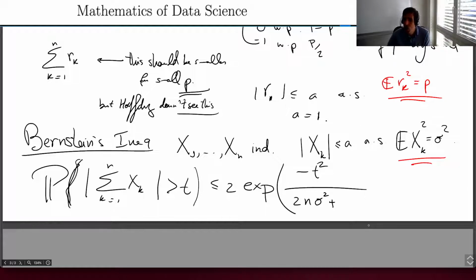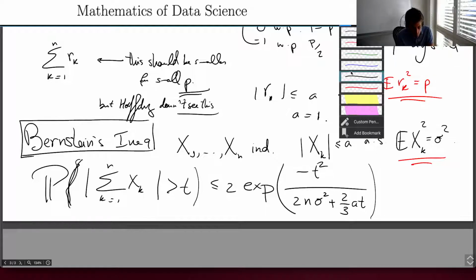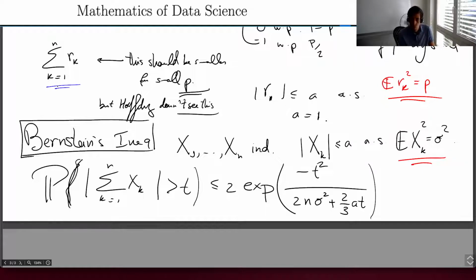When p is too small, you stop being able to control with p alone in this way, and the bound you get is this. But crucially, this one doesn't depend on n. It's sort of controlling the fact that one of them might be very large. So this inequality is extremely useful. You should try to control the value for these Rk's using this inequality.